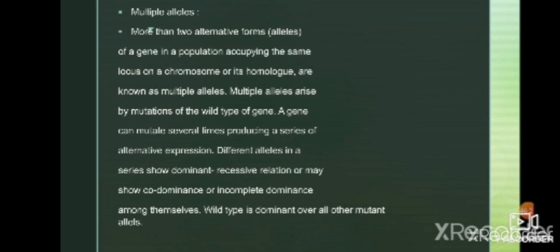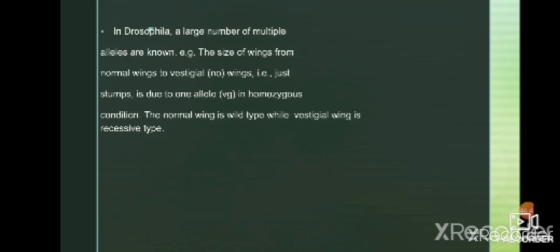A gene can mutate several times, producing a series of alternative expressions. Different alleles in a series show different recessive relations or may show codominance or incomplete dominance among themselves. Wild type is dominant over all other mutant alleles.